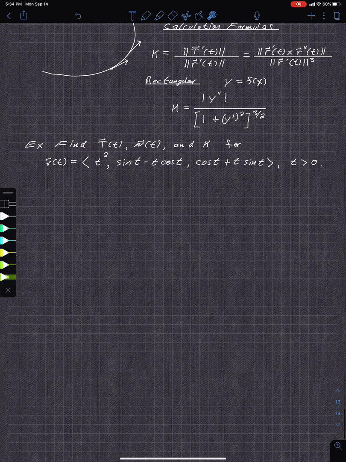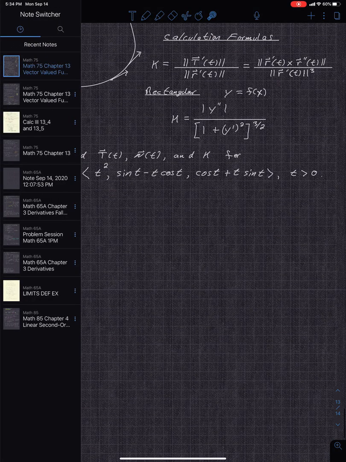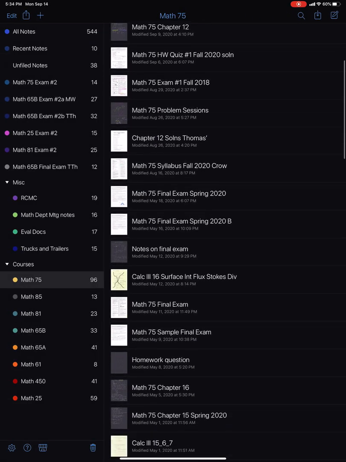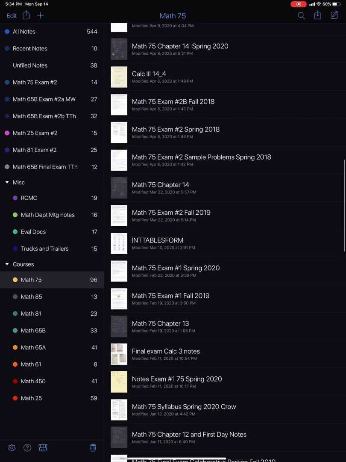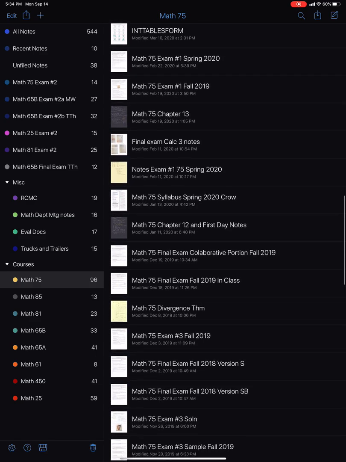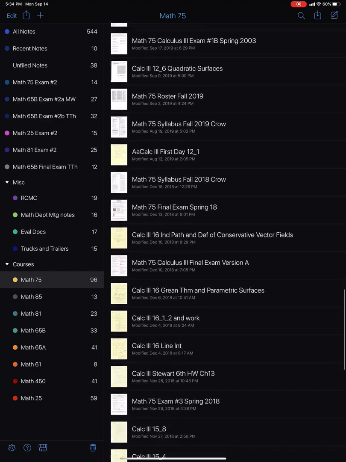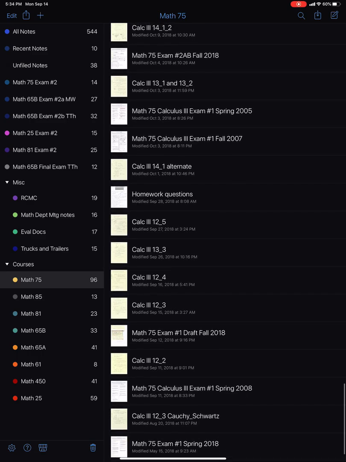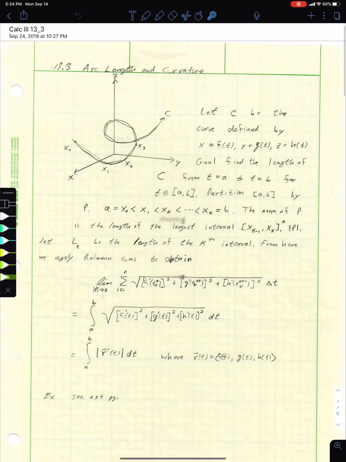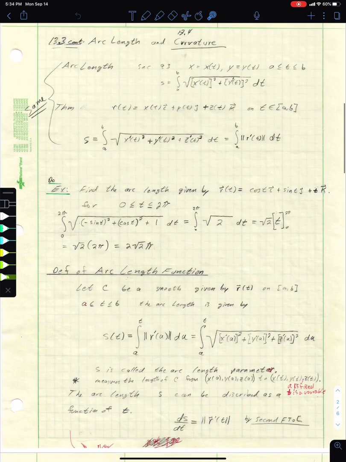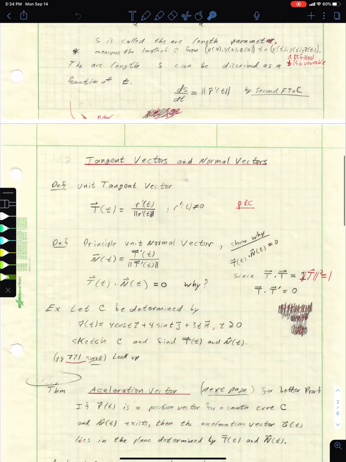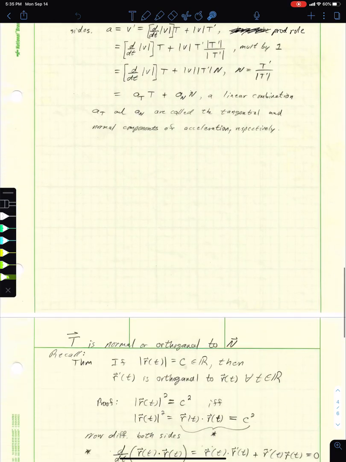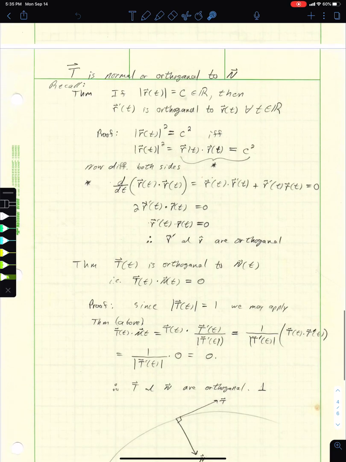And since this is a shorter video, let's see if I can find it in my old notes. Let's just go back here. So here's all your stuff. What was that, 13 something? You can see 13.3, arc length and curvature. There's the arc length formula. There's the theorem.